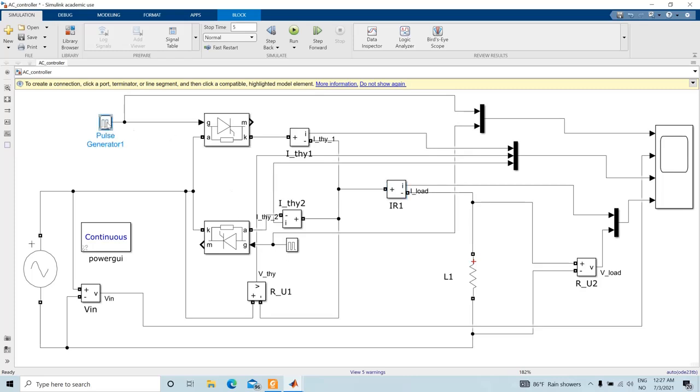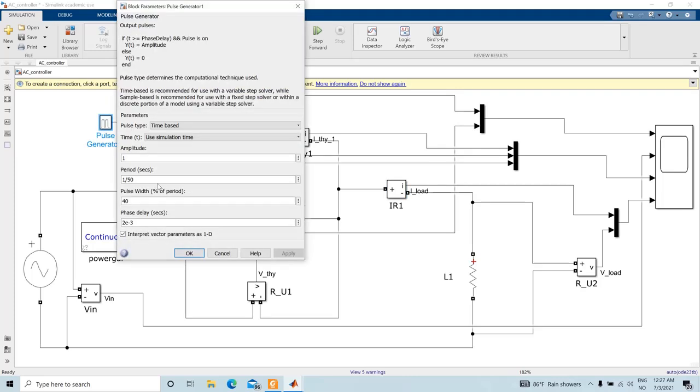has a trigger pulse here, and the trigger pulse has a frequency of 1/50. So the frequency is 50 Hertz, so the time period is 1/50, and then I'm having a phase delay of 2 millisecond.